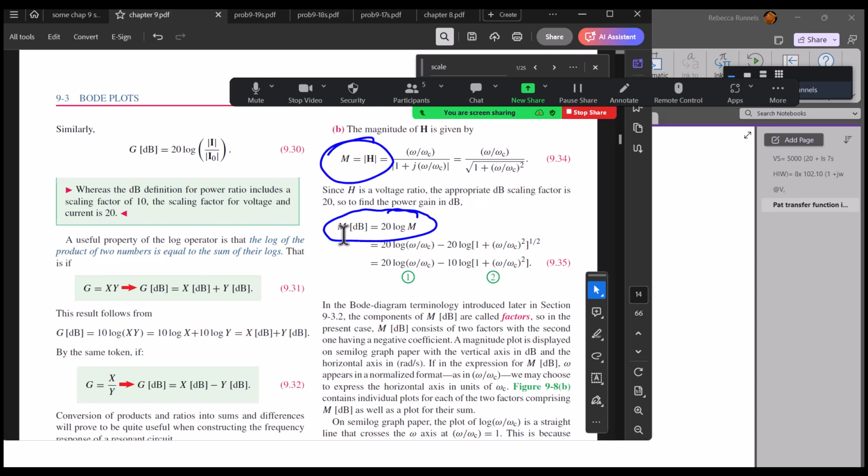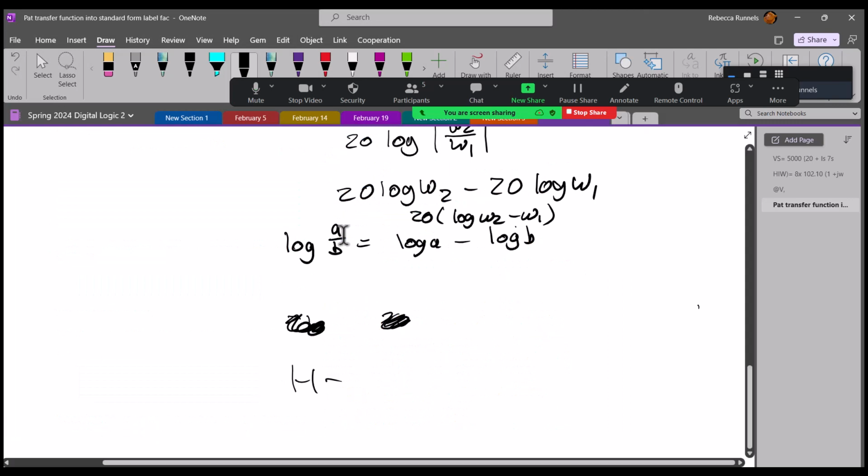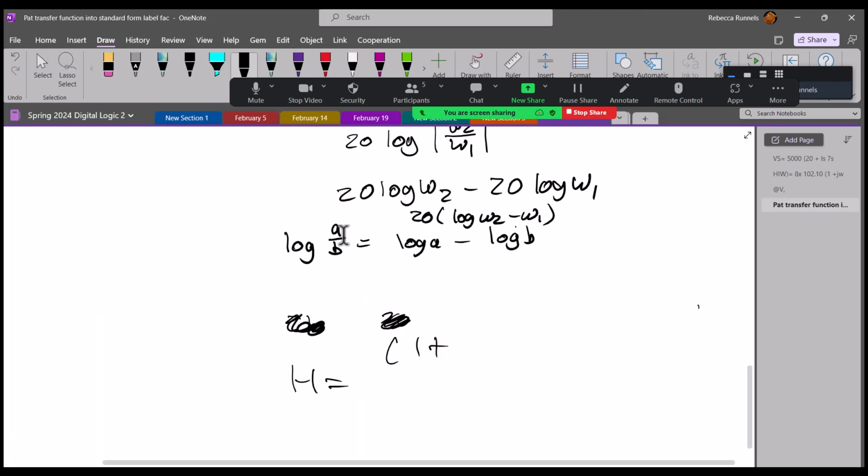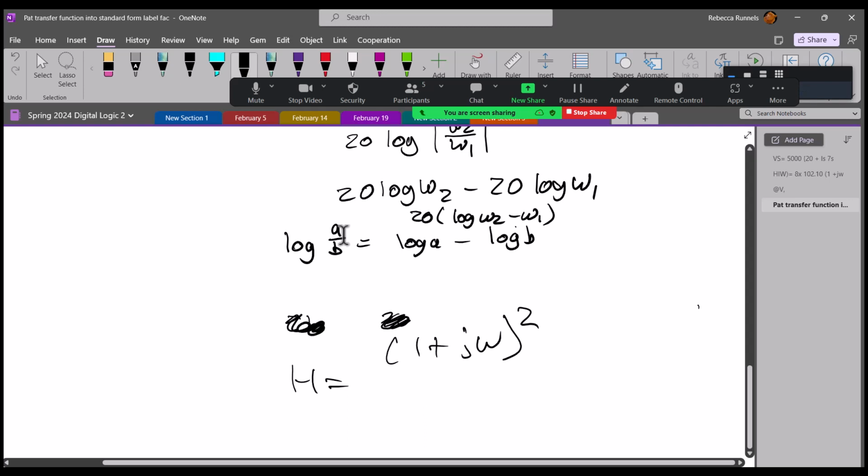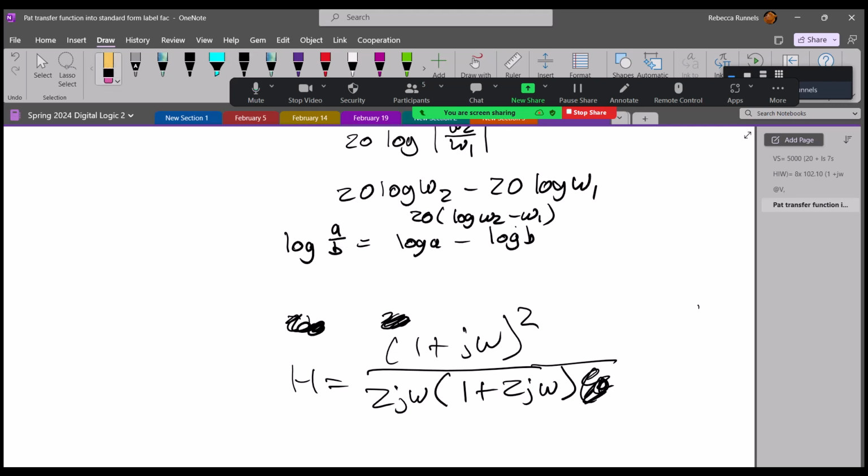Let's say I have the transfer function as this, I'll just leave it like that, and I'm supposed to find the exact value of the gain.